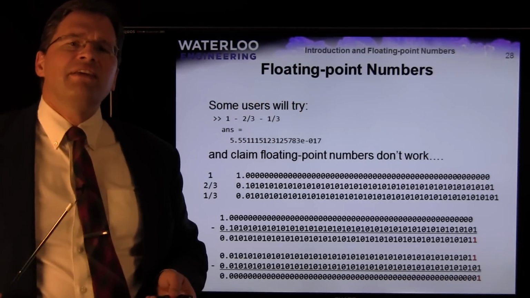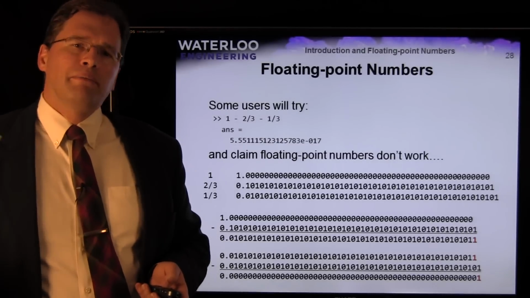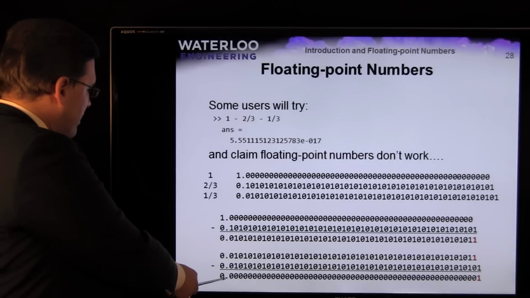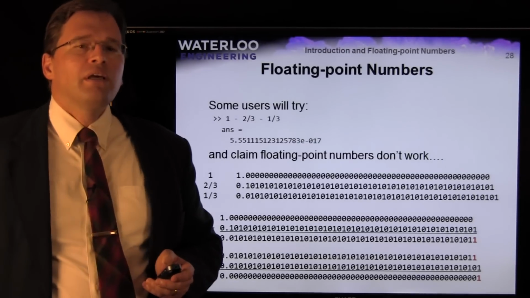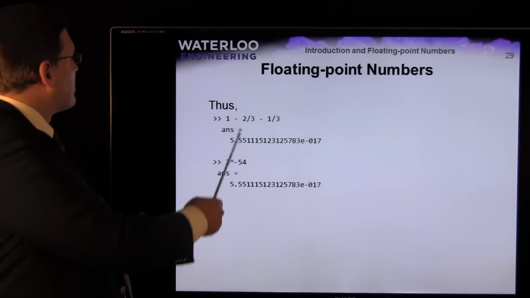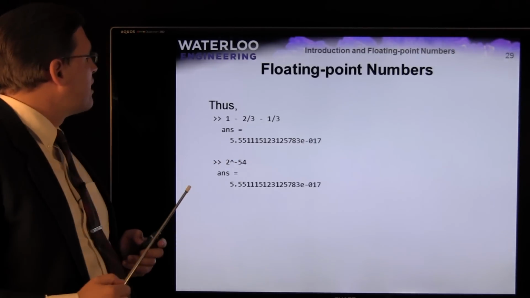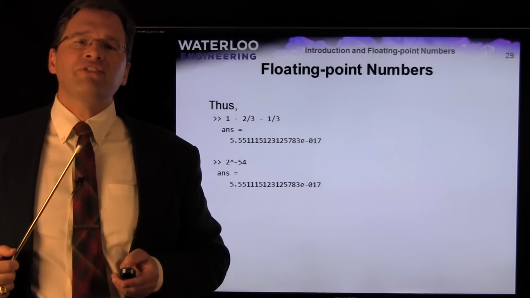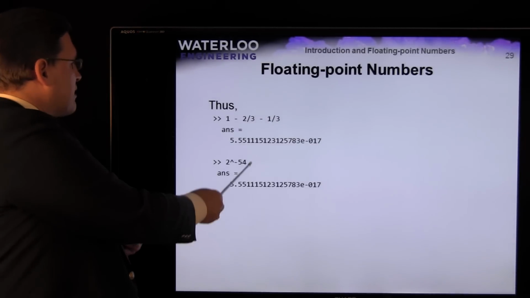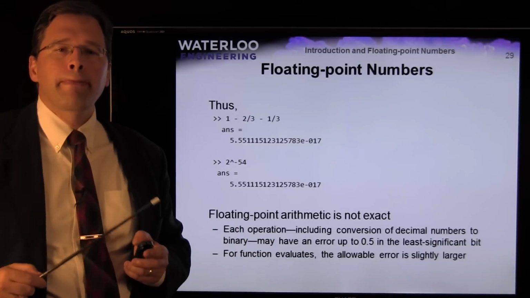It's in the 54th position after the radix point. So essentially 1 minus 2/3 minus 1/3 is going to give you 2 to the negative 54. And if you calculate it, that's exactly what you get.